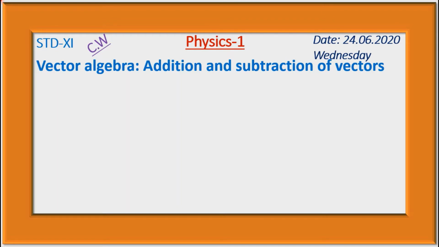That is, we can add velocity with another velocity, we can add acceleration, but we cannot add velocity with acceleration. Similarly, we can subtract acceleration from acceleration, but we cannot subtract acceleration from velocity. That is, the same kind of quantity can be added or subtracted.